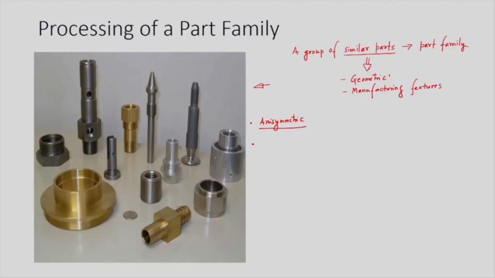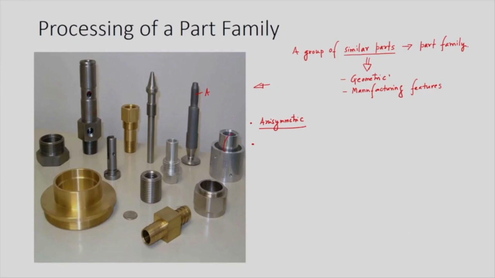So when the decision is taken that our enterprise will manufacture all these components, either these components are manufactured in batches. For example, here you can see product A, product B, product C, product D.